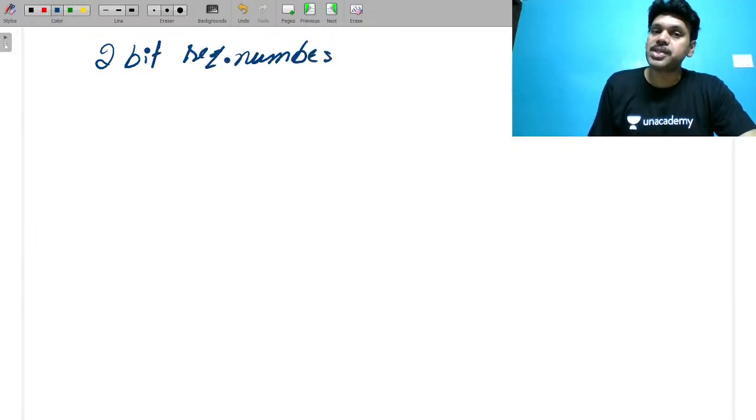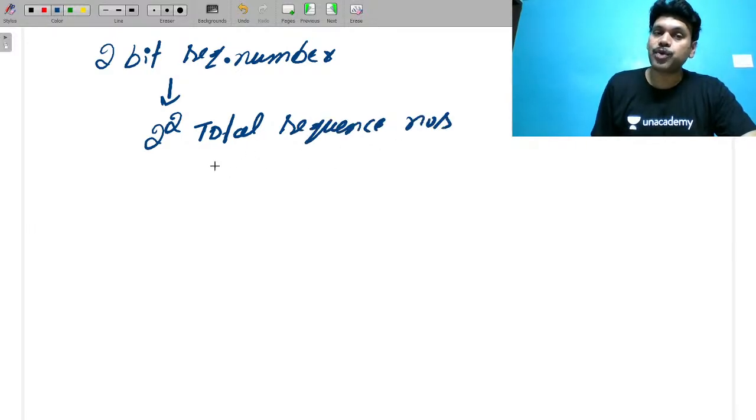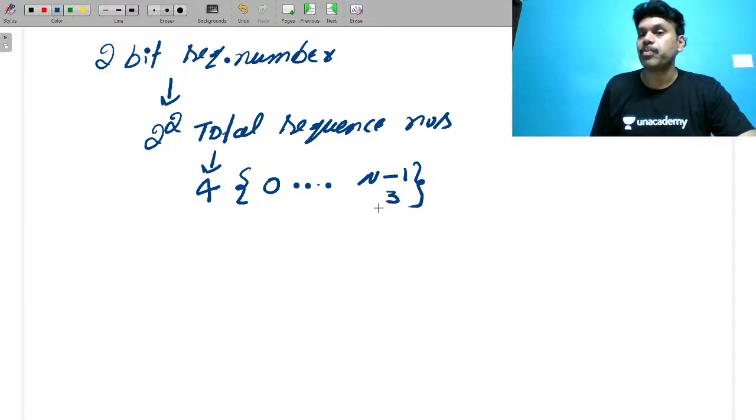This 2-bit sequence number gives 2 power 2 total sequence numbers. So your total sequence numbers are 4, and the sequence numbers start from 0 and go to n minus 1, which is 3.